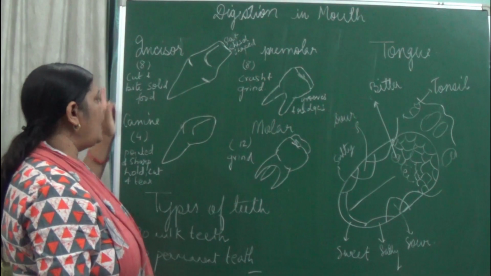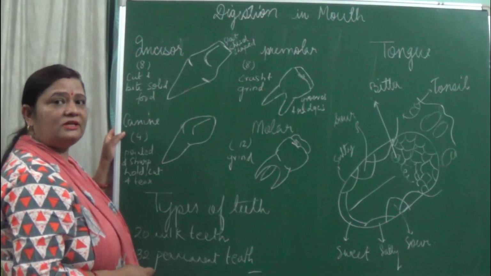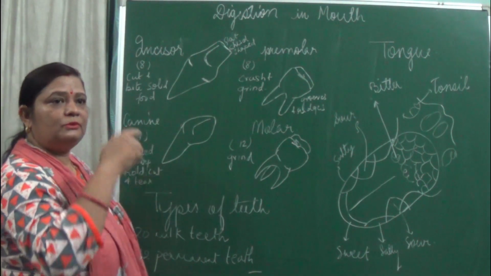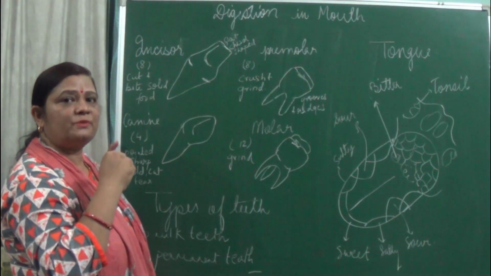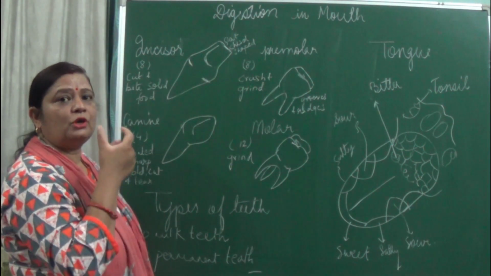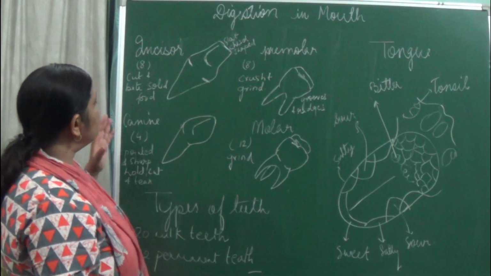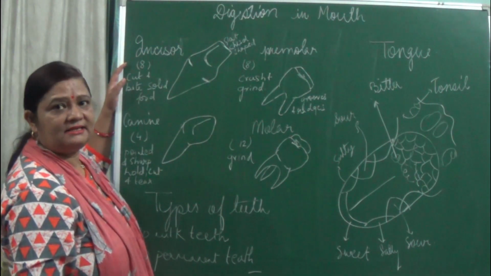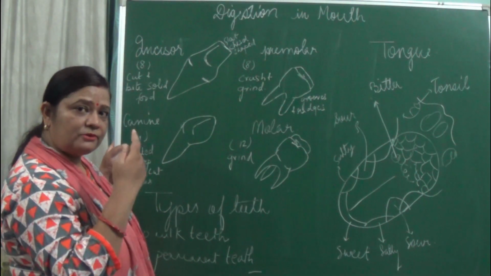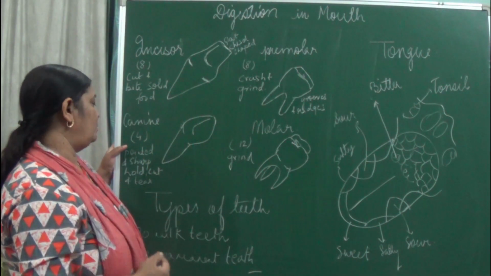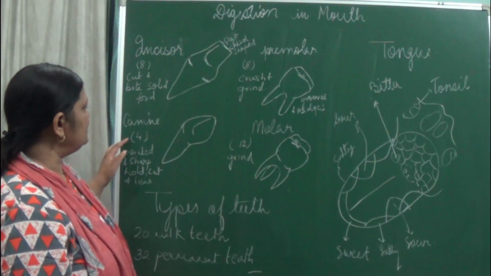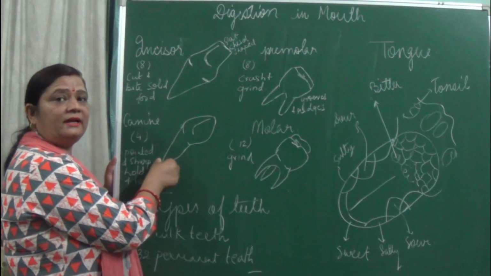Now the canines. They are 4 in number, 2 present in the upper jaw and 2 in the lower jaw, at the sides of the incisors. Here we can see that the canine is pointed in nature.